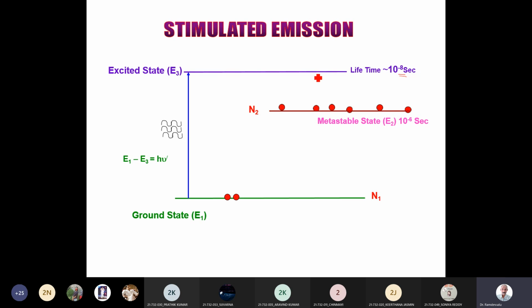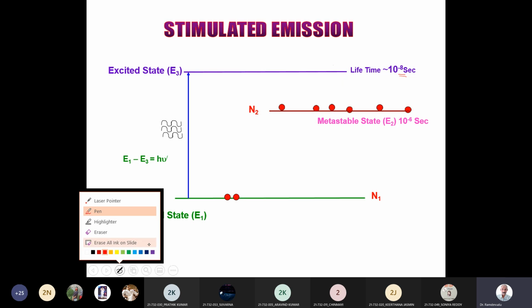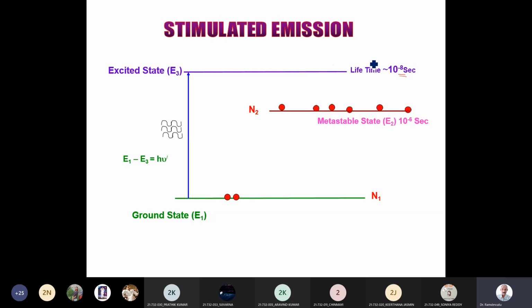If you choose this level, the lifetime is 10 to the power minus 8 seconds, so within no time they will come to the N2 level. But there is no radiation coming out when the atoms come from E3 to E2 level. I call this the E2 level, and this the E1 level, having N1 atoms. We have taken the atoms up, and they have gone here.